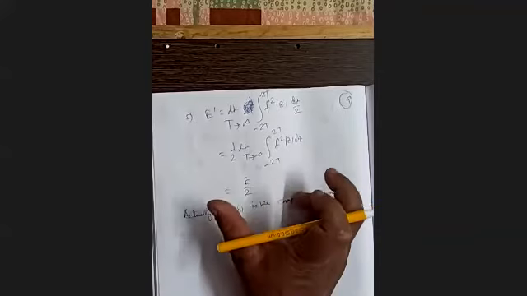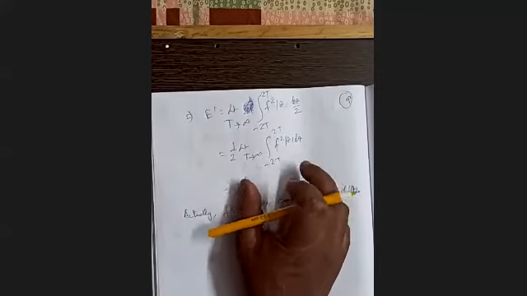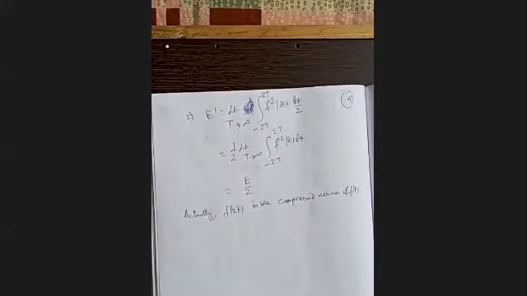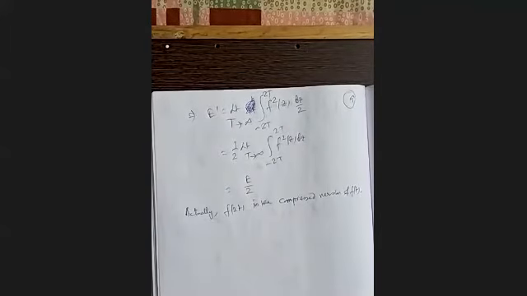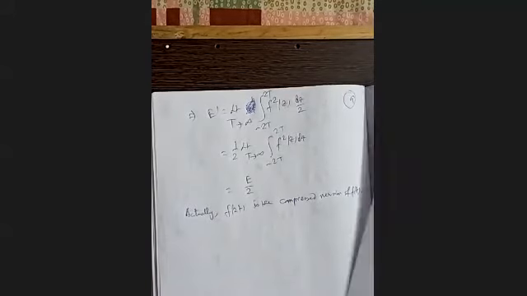Height is same, but the width is reduced by 2. Therefore, energy is also reduced by the same factor. So for f of at, the energy will be E by a. As width is reduced a times, the energy will also be reduced by the same factor. Okay.